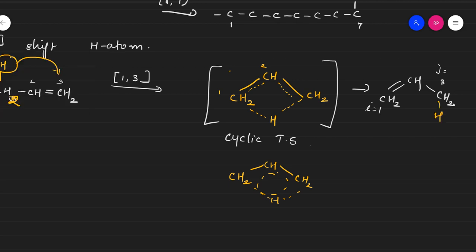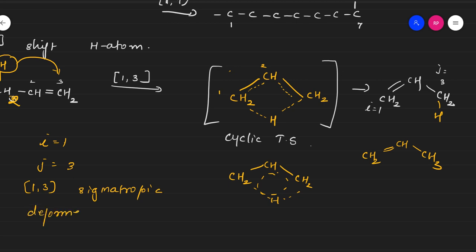So this is allylic transfer. This is the final product. You can see the H transfer taking place. Here i is equal to 1 and j is equal to 3. That is why it is called a 1,3 sigmatropic reaction. This is an example of a 1,3 sigmatropic shift. This cyclic transition state is highly unstable. It is highly deformed, four-membered, and very much strained.